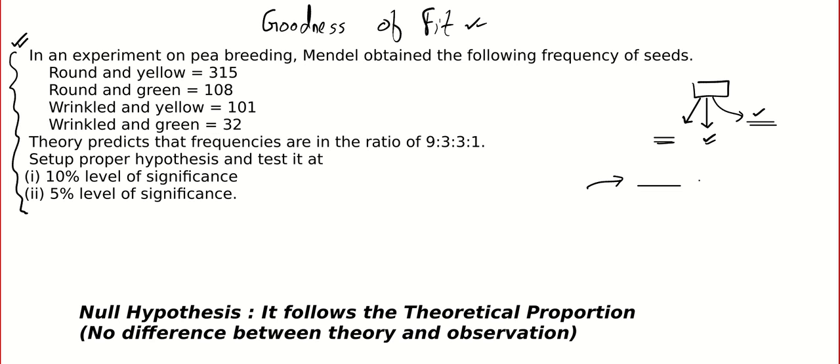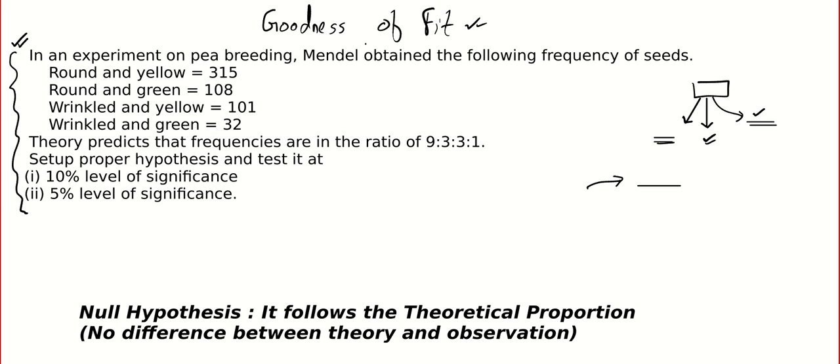For example, we believe that the accidents on the roads follow Poisson distribution, or maybe we believe that the length of vehicles follows normal distribution, or we believe that the amount of electricity used by a certain town follows gamma distribution.